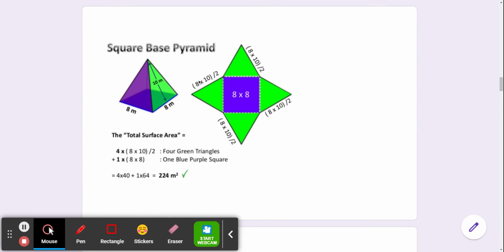So if you look at the dimensions here, they did the 8 times 8, and then the 8 times 10 for the height, and then they divided it by 2. So they had one of the 8 times 8, and then they had 4 of the 8 times 10 divided by 2 to get a total of 224.